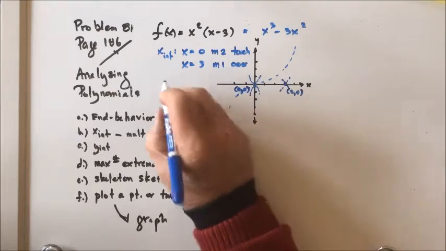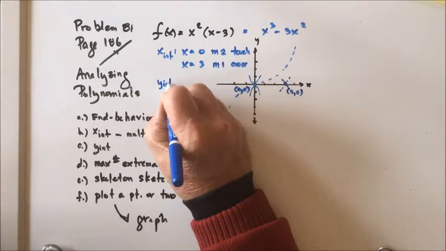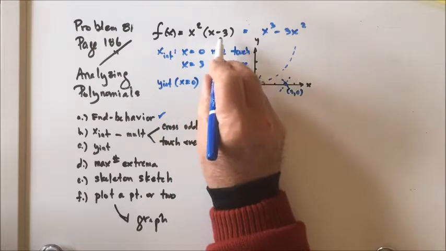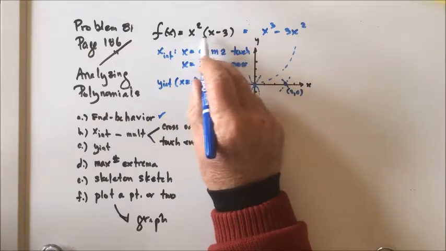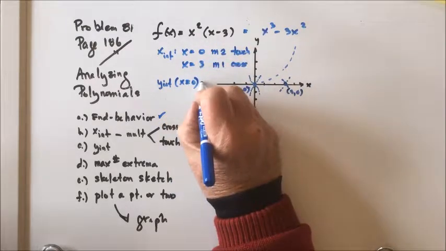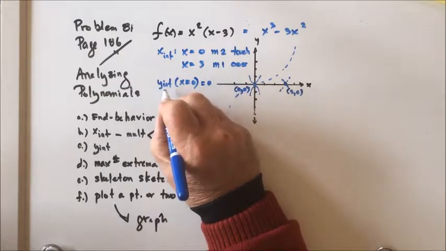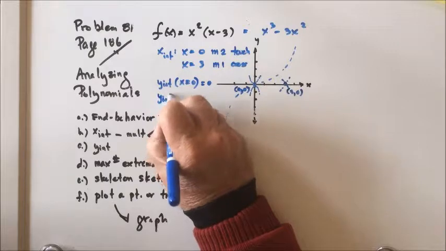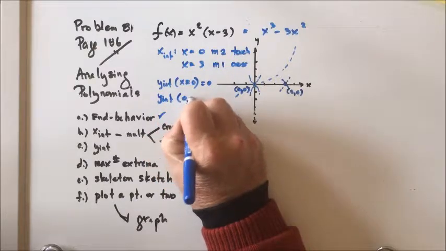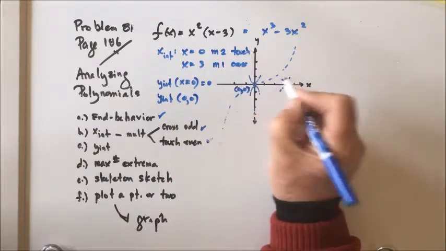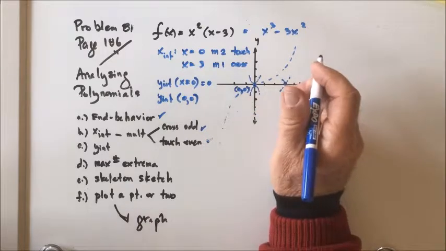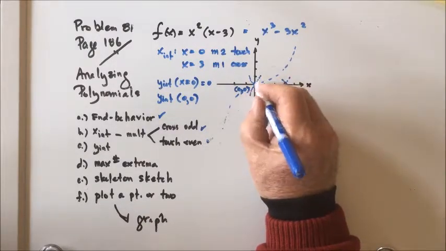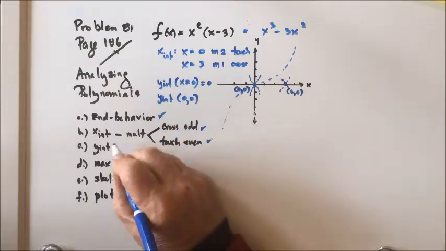Quickly, y-intercepts occur where x is equal to 0. And when x is equal to 0, you can see that the y-coordinate of the y-intercept is 0. So the y-intercept is the point 0, 0, which we've already plotted. It's a little unusual for the y-intercept to be a 0, but not unheard of.